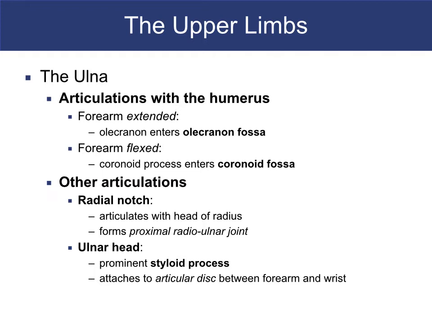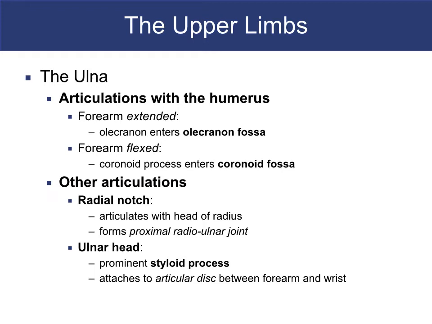Ulnar head, prominent styloid process attaches to the articular disc. Where's the ulnar head? That's down at this end, where there's a little smooth spot at the far end of the ulna. And also there's a little styloid process down here.